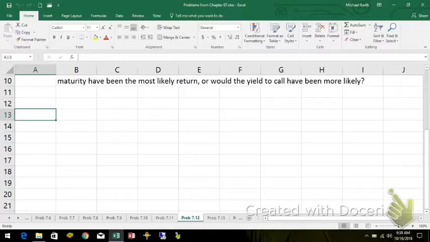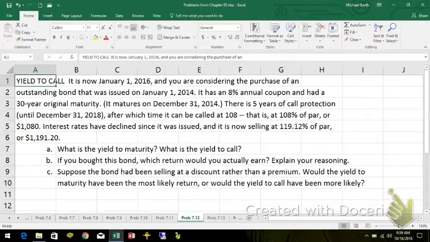Alright, so number of periods, rate, present value or price, future value, which is the par value, and PMT is the coupon. If we're calculating the yield to maturity, that's the first one.